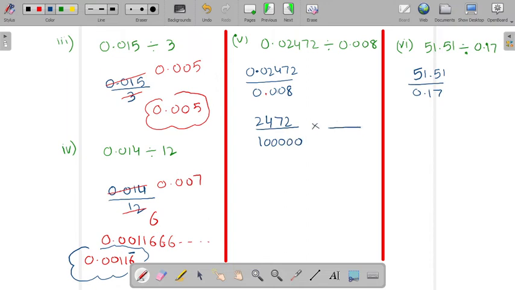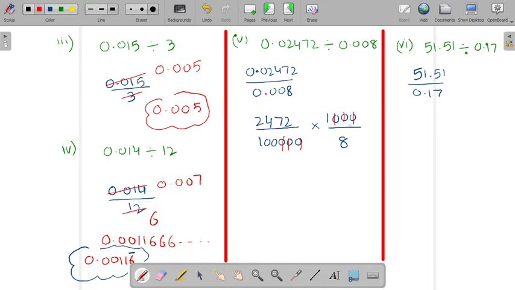Multiply. How will you remove the decimal from the denominator? 8, and after decimal there are 3 digits. So you will write 1 and then put 3 zeros and it will become reciprocal. Make sure that it will become reciprocal. So now cancel the terms. 1, 2, 3.